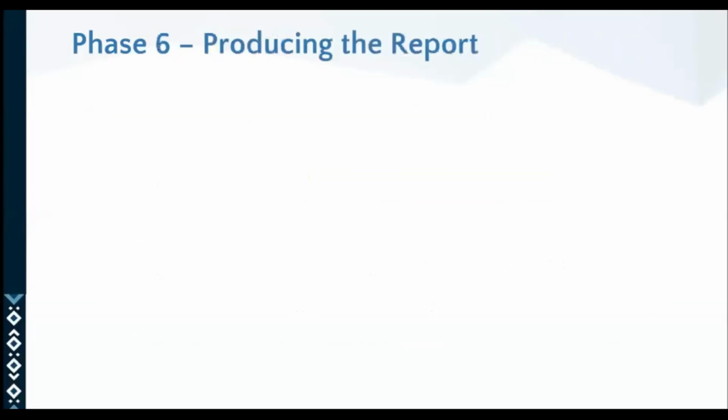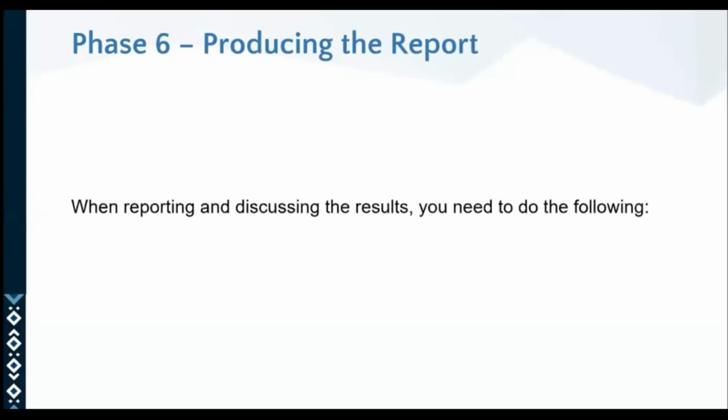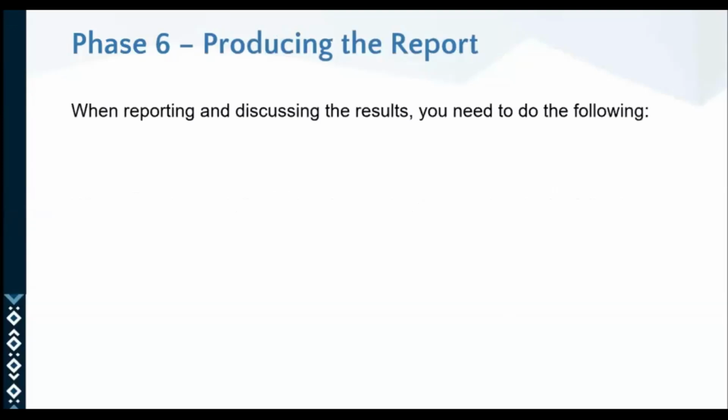So the last phase is the analysis, the write-up of our analysis. Just like academic writing, it enables us to produce the output of our analysis. Like everything we do, we need to be able to present the result.